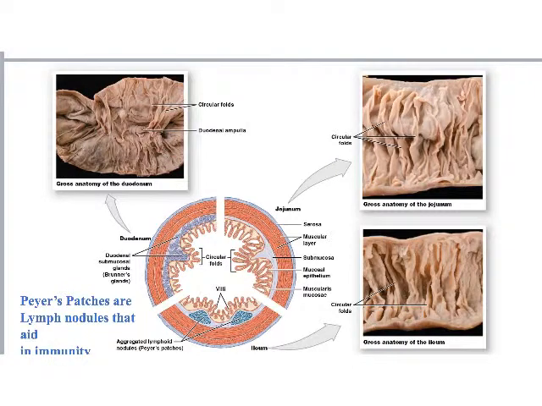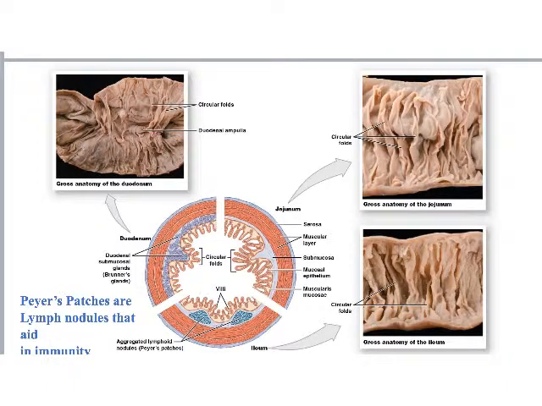Just to give you a look at what this would look like grossly, if you could look inside the small intestine, you would see that each of those 3 regions, although there are a lot of similarities, and that's why we call them all small intestine, they're slightly different when you look at them. If you take a look at the circular folds, some of them may be more or less prominent depending on which part of the small intestine you're in.